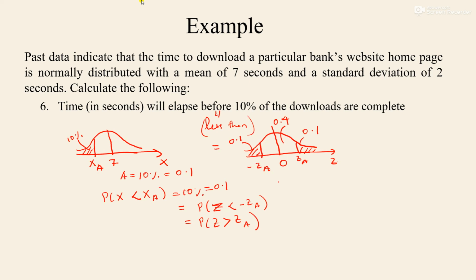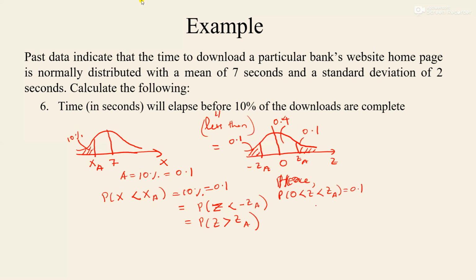So in this diagram, we know that hence probability of 0 less than Z less than ZA is equal to 0.4.